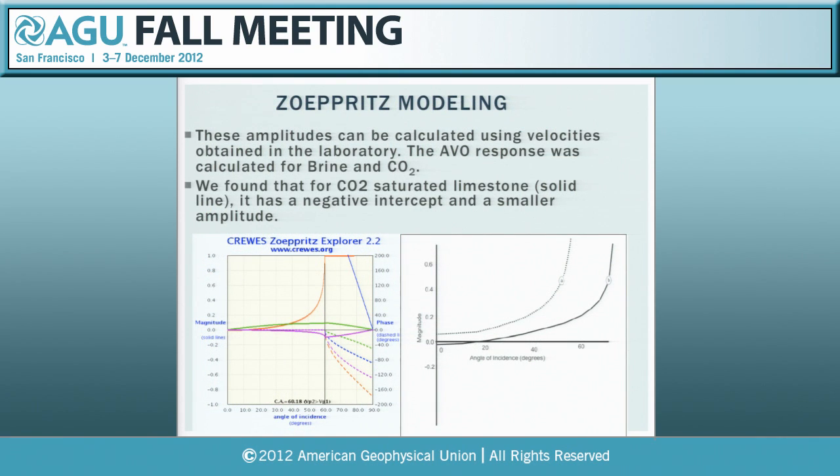So in our rock, what we expect to see, brine versus CO2, is a type 3 AVO anomaly at zero offset, slightly negative, which is the solid line. This is the number of other returning waves from the Zoeppritz equations.